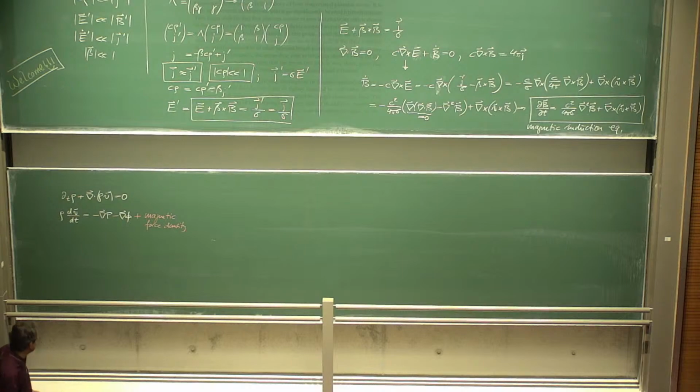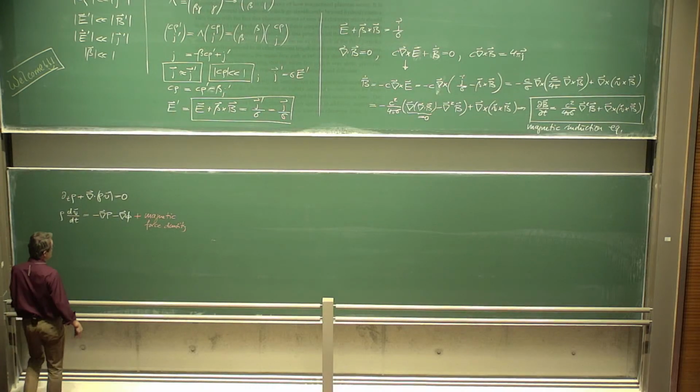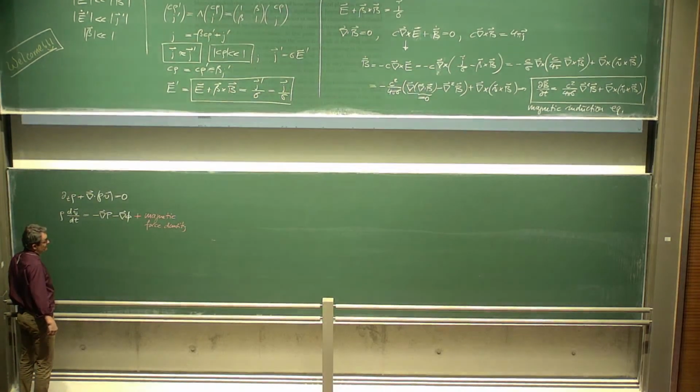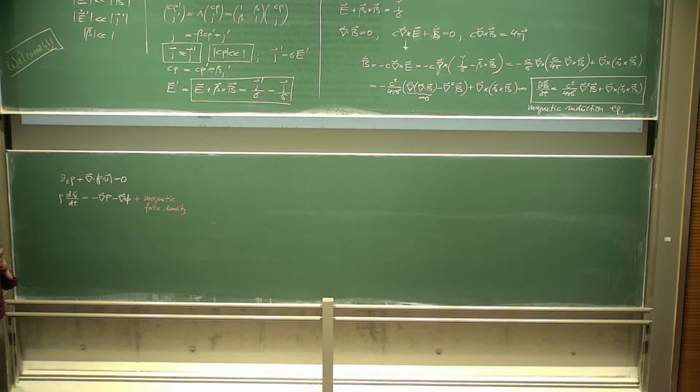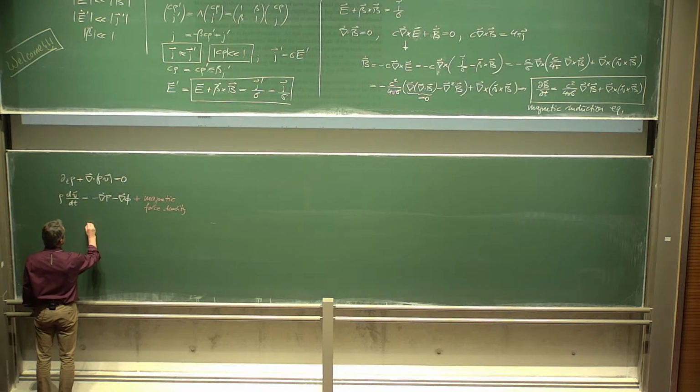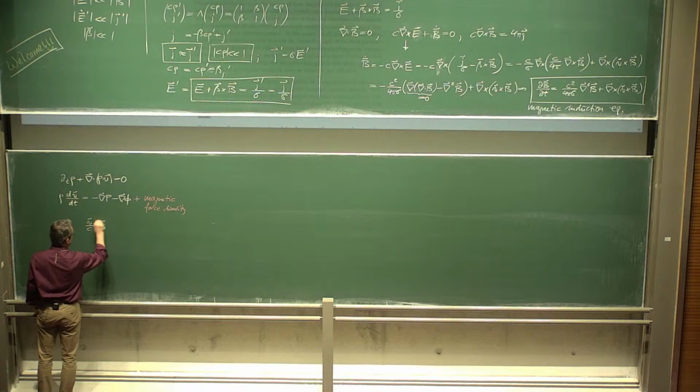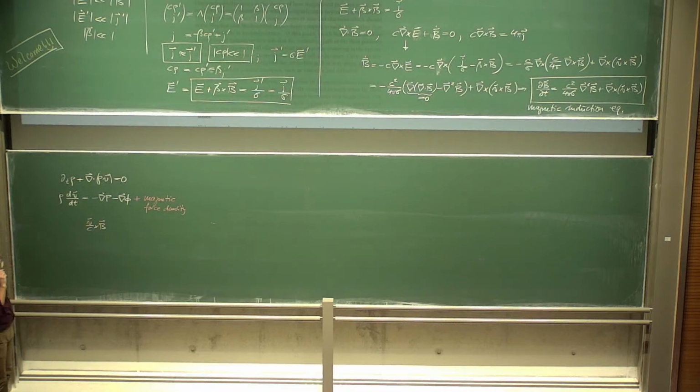Right, so we have to insert this here, or we have to do this in a systematic way. But let me first insert this right away. So we need a magnetic force density. Okay, we said that we lightheartedly ignore electric fields. Right, so the Lorentz force will have exactly one component, and this will be something like this.